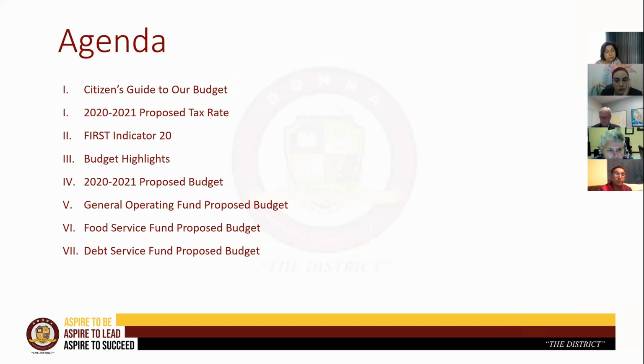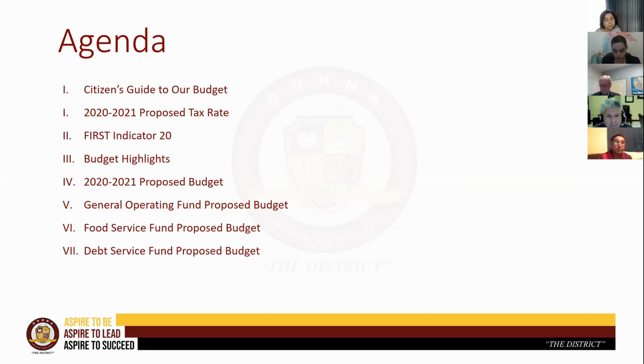We'll also have some budget highlights, some of the things that we accounted for as we prepare this budget. And then the 2021 proposed budget, which will have a breakdown by the three major funds that are required to be adopted by the school board, which are the general operating fund, the food service fund, and the debt service fund.